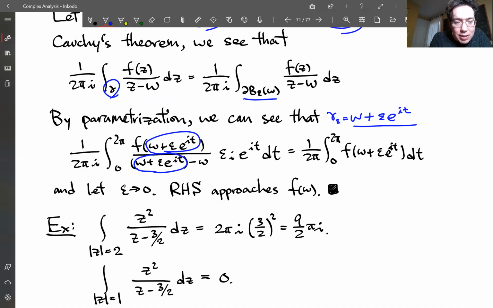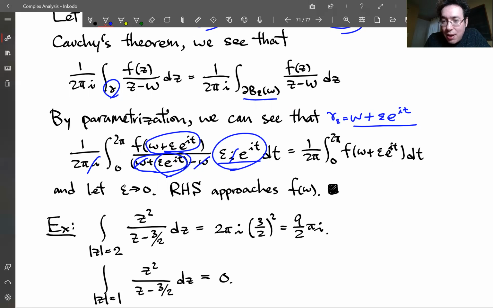Note that the W here and the minus W in the denominator cancel out. And the derivative of this curve, gamma epsilon, is given right here. Then the i will cancel out with the i in front of the integral, and epsilon e to the it in the numerator and epsilon e to the it in the denominator also cancel out.